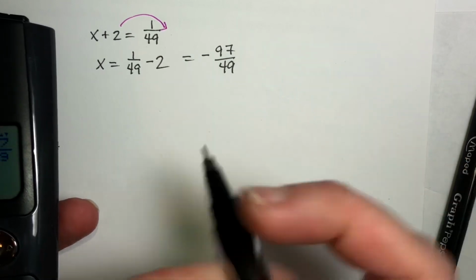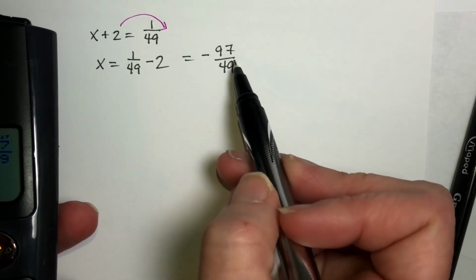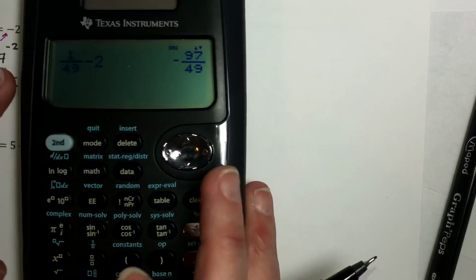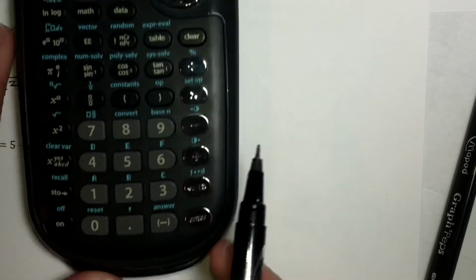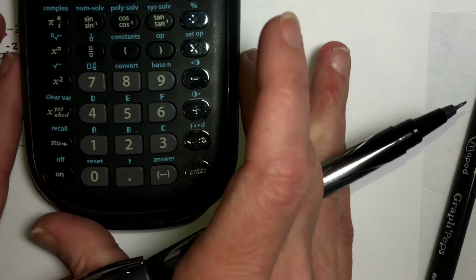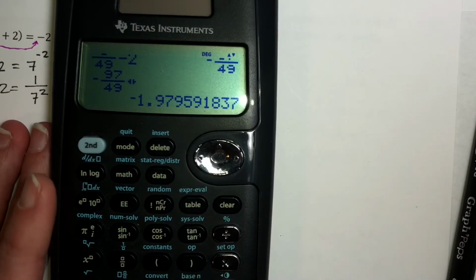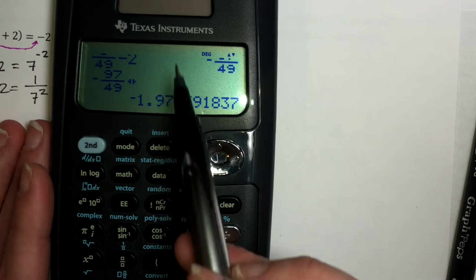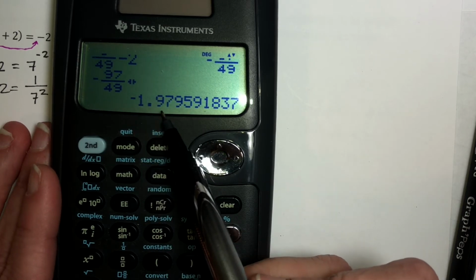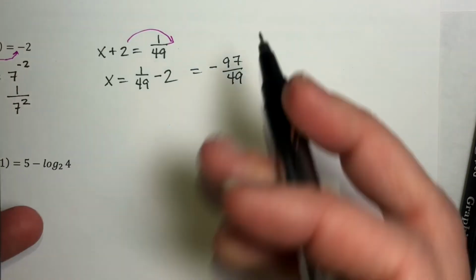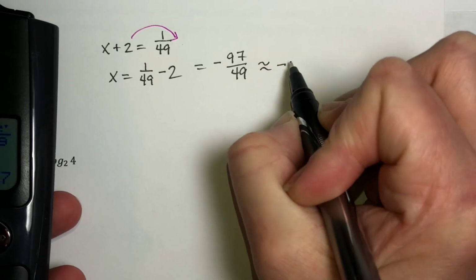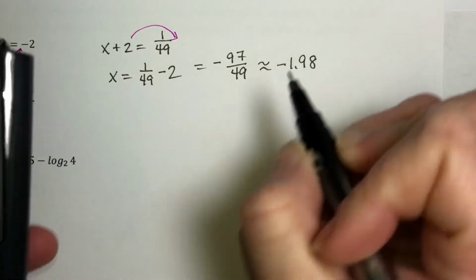And I personally would prefer this type of answer. But if the computer asks you for an approximation, remember that you have a conversion button. You hit that button and it will give you the decimal approximation. So if that's what we're asked for, and to 2 decimal places, this would be negative 1.98. And there you go.